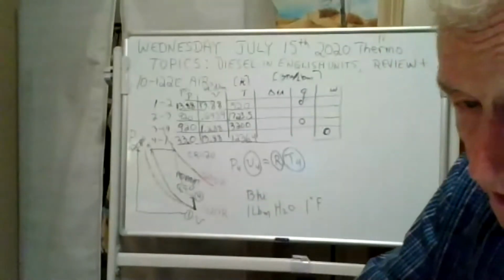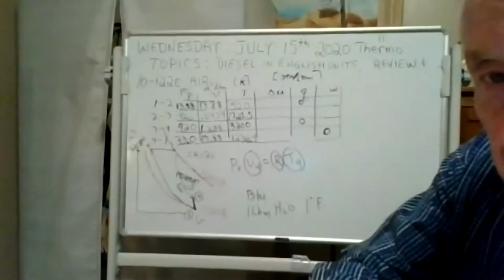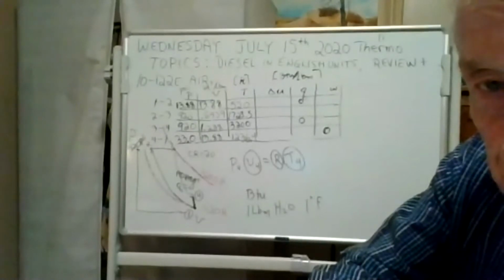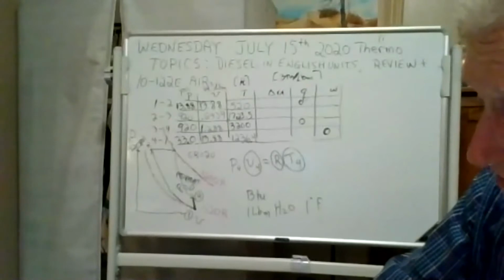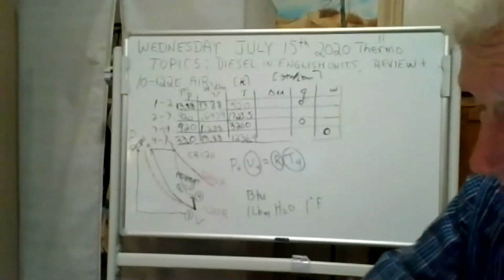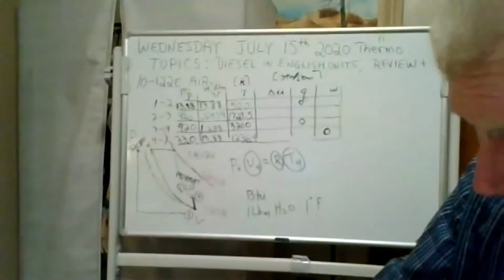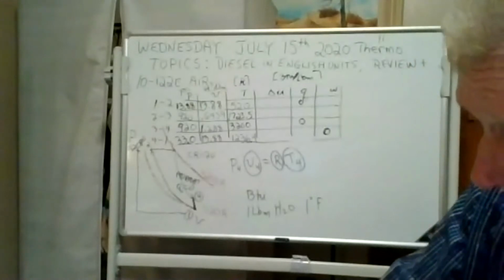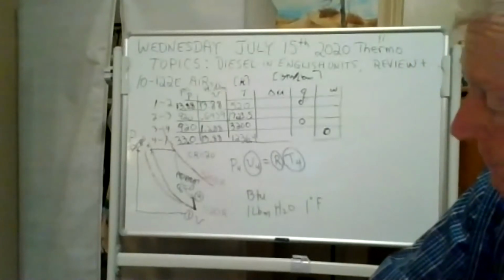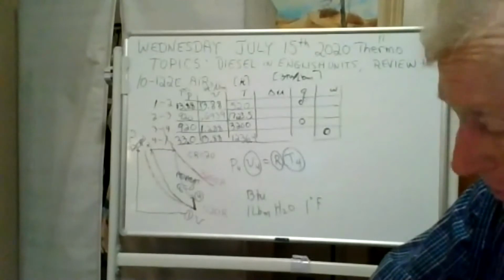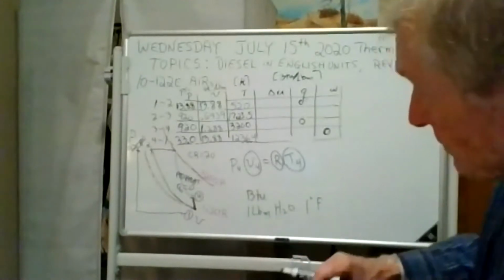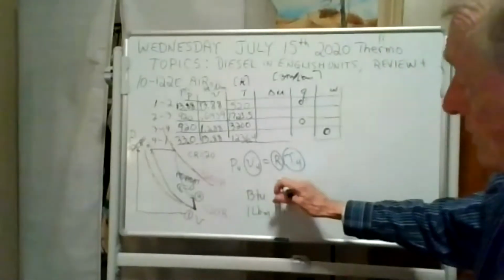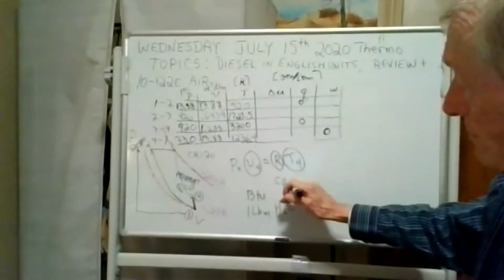Now you know what a BTU is. It's the amount of heat energy necessary to raise 1 pound mass of water at standard conditions 1 degree Fahrenheit. There's something similar to that. While we're talking about that, there's something called a calorie.